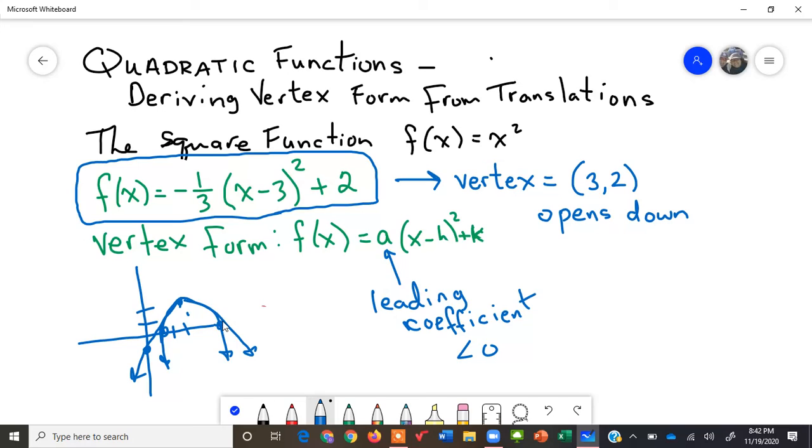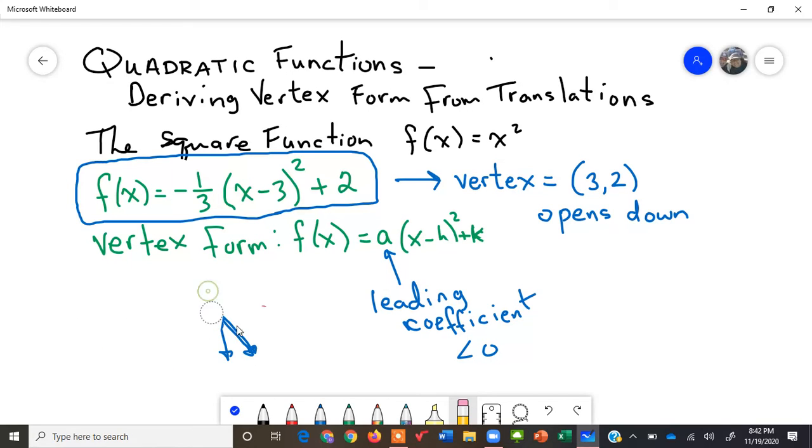So what's missing then for a more accurate graph, if I were starting from the function, are these intercepts here. What are these intercepts? And we didn't even discuss that before. So how do we find these intercepts? Well, we know that intercepts are where we cross the axes.